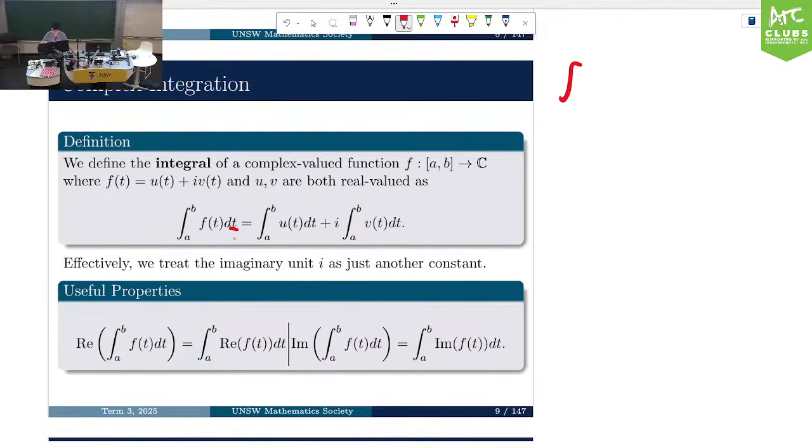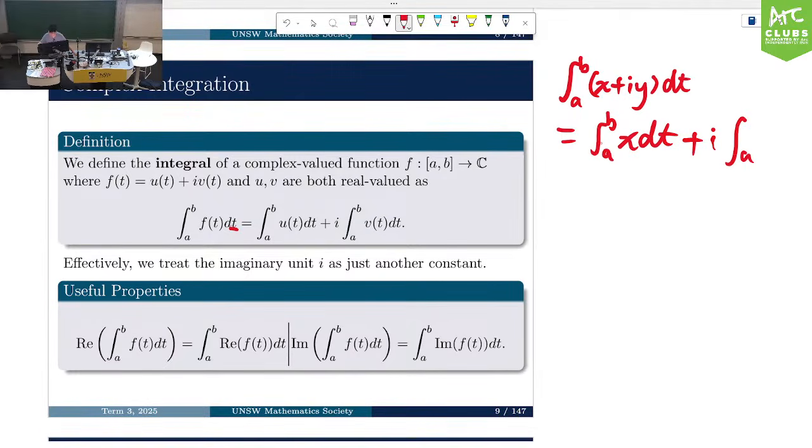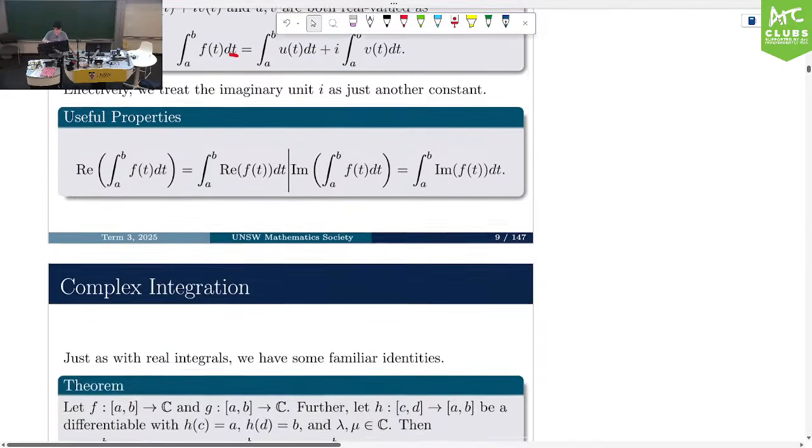For example, if we want to integrate from a to b, x plus iy, with respect to some real number t, we just treat i as a constant, similar to other numbers like 1, 2, 3, and integrate each part individually. So this makes integration with respect to a real number pretty simple, and it has surprising applications.